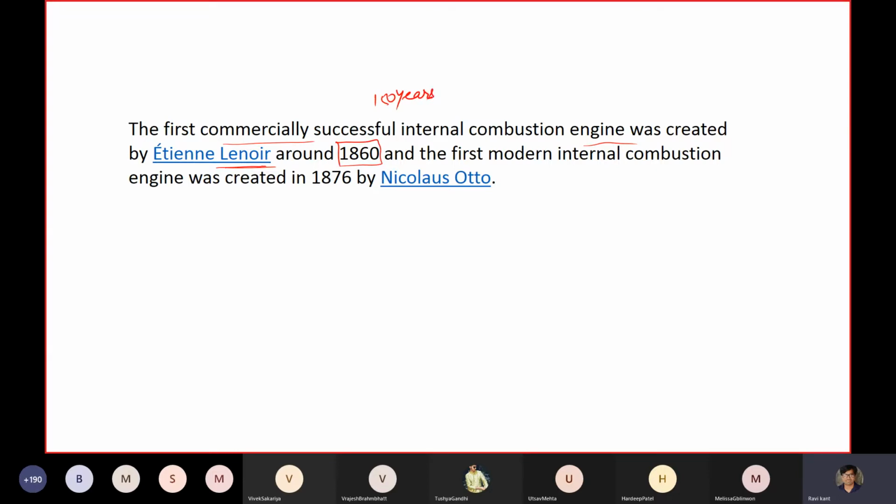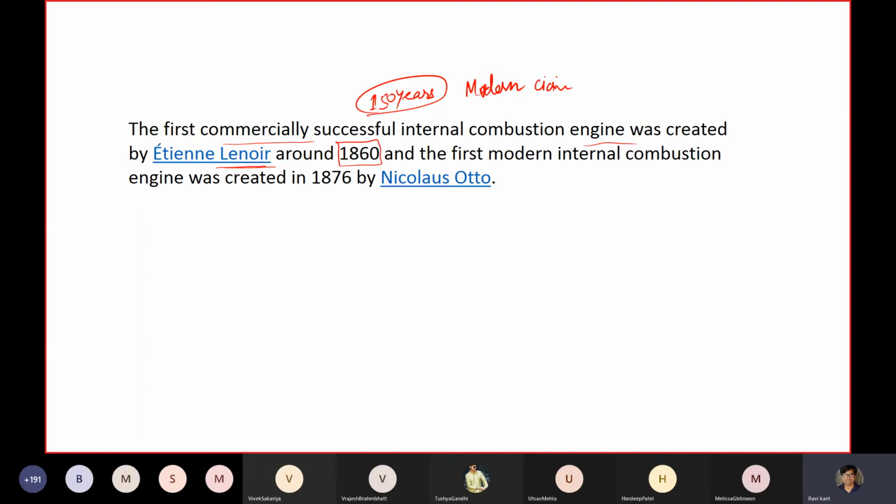And the development of better engines is still in process. This changed our modern civilization a lot. It revolutionized everything, isn't it?